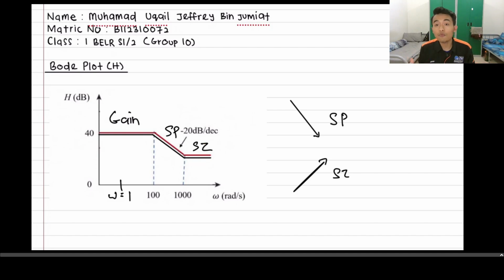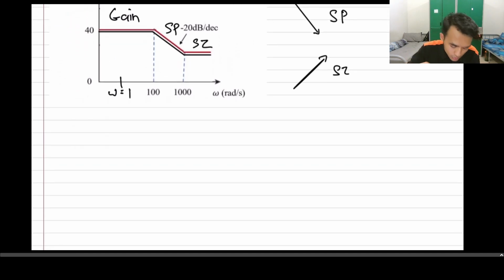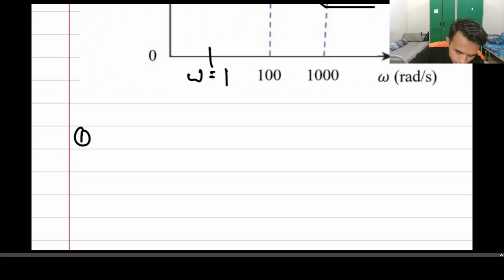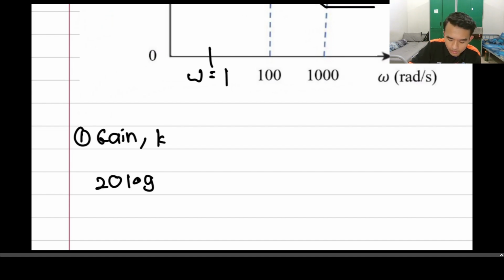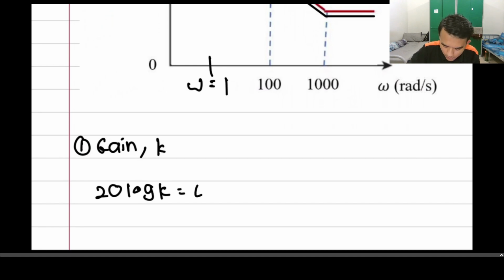After we finish identifying all the elements inside this resultant Bode plot, we can derive them. Firstly, we derive the gain. We want to find the gain factor, which is the value of k here. To find the value of k, we can use this formula: 20 log k equals the starting magnitude value, which is 40 dB.